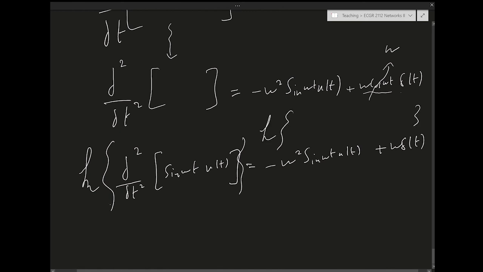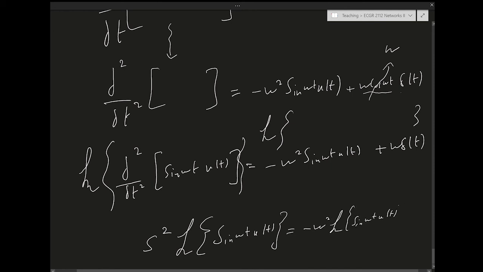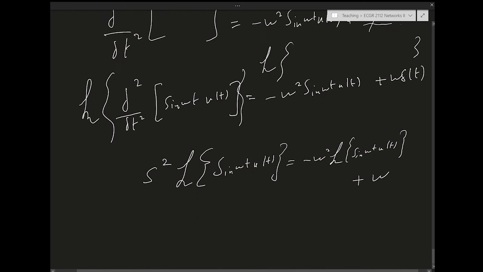I'm differentiating twice, so I end up with s squared, one s for each differentiation, times the Laplace transform of sine omega t u of t, equals minus omega squared times the Laplace transform of sine omega t u of t plus, what's the Laplace transform of delta? 1, right? So taking omega out, it's omega times 1, so it's omega.